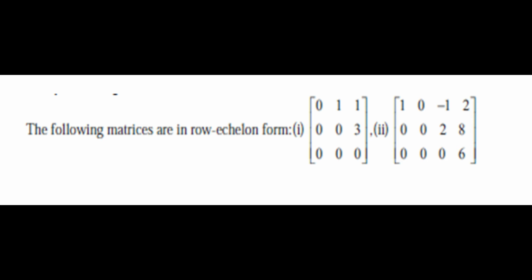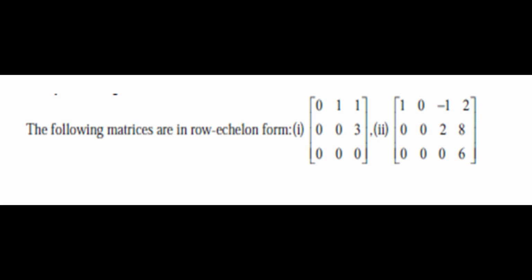Consider the second matrix. Go up row by row from the last row of the matrix. All the rows are non-zero rows. The first non-zero entry in the third row occurs in the fourth column and it occurs to the right of the first non-zero entry in the second row, which occurs in the third column.